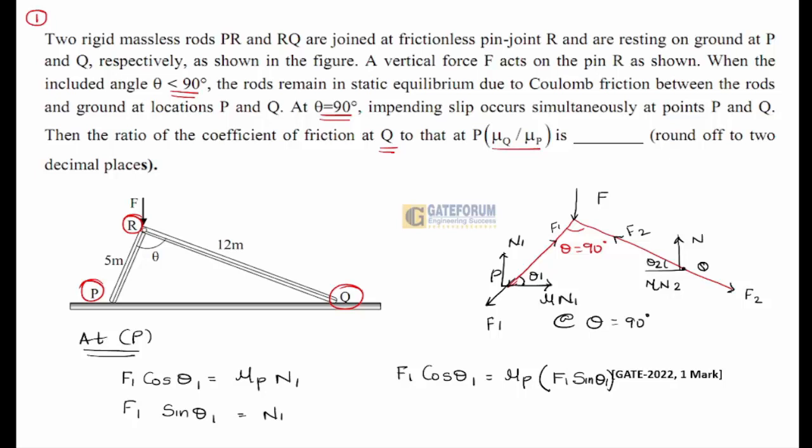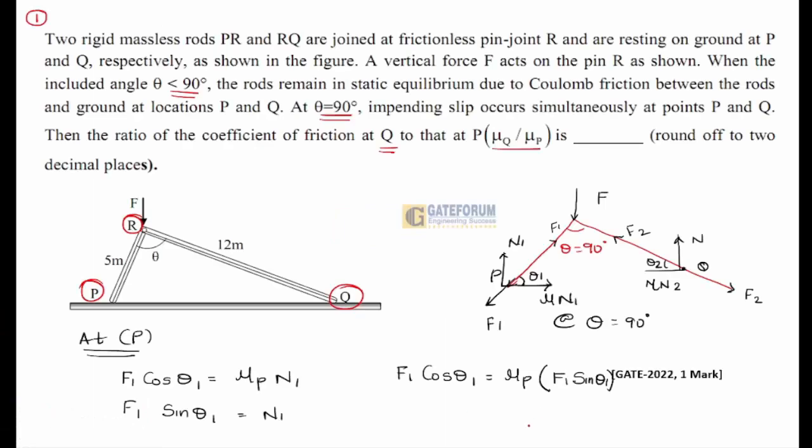From here, F1 gets cancelled. Tan theta 1 is 1 by mu P. Sin by cos is equal to 1 by mu P. Similarly at Q, tan theta 2 will be equal to 1 by mu Q.